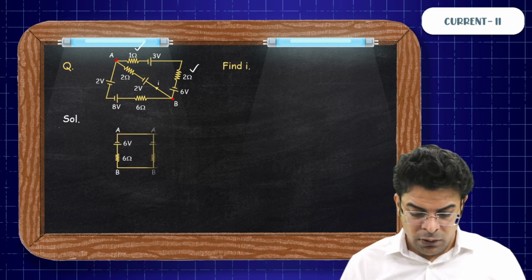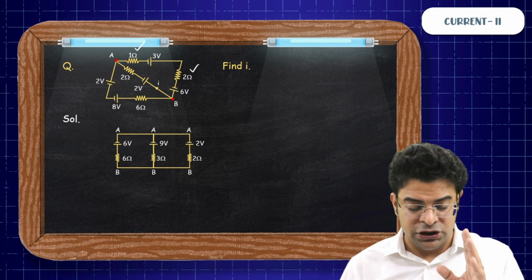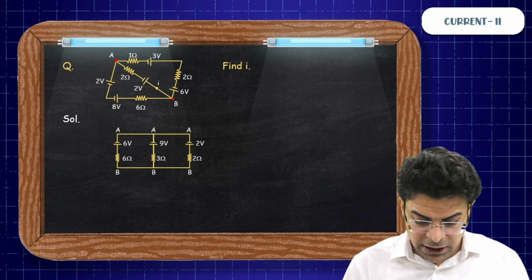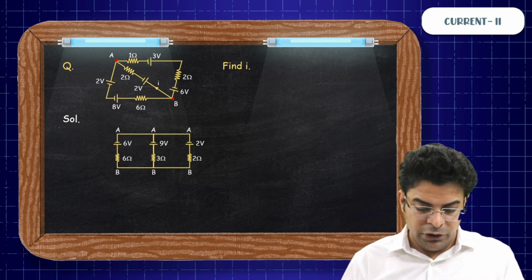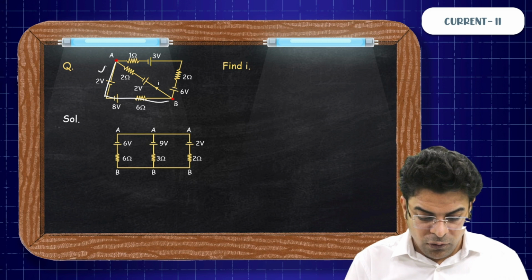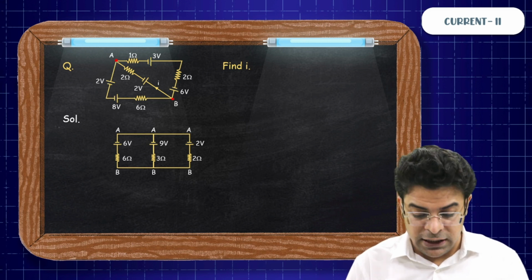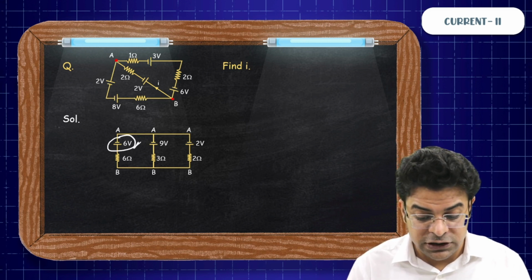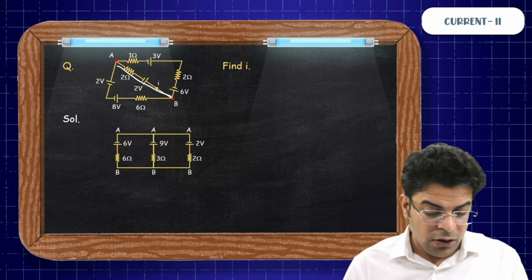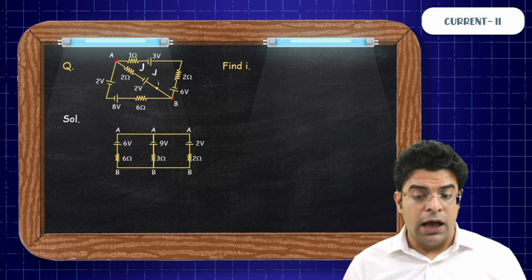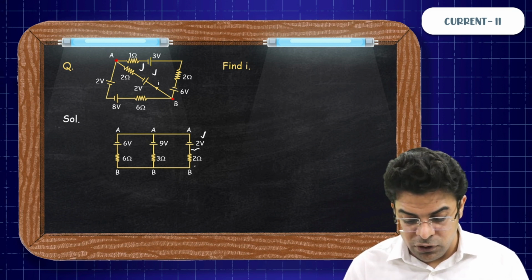So redraw the circuit, reimagine the circuit. Here between A and B, I have redrawn the whole circuit. This line of 2 volt 6 volt, replacing the two cells, I have placed only a single cell of 6 volt which want B to be higher. In place of this central line of 2 volt 2 ohm, I have placed only a single cell of 2 volt and 2 ohm.